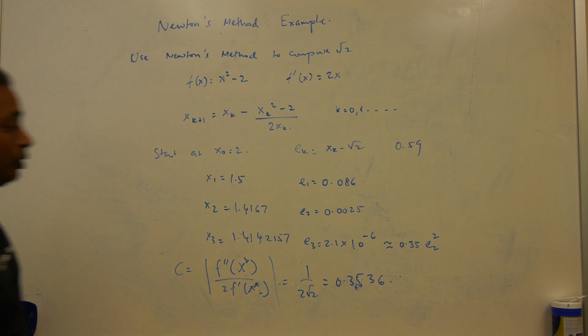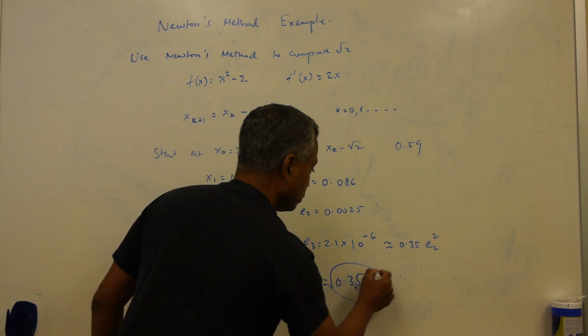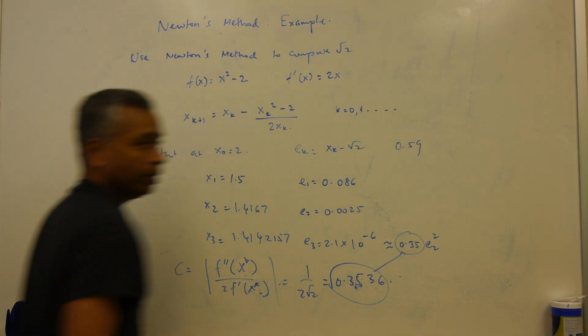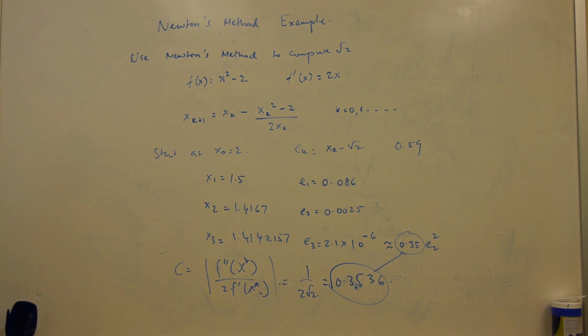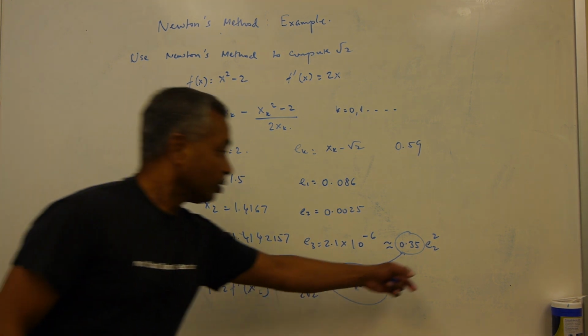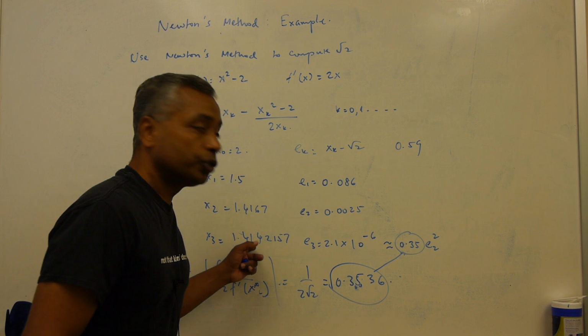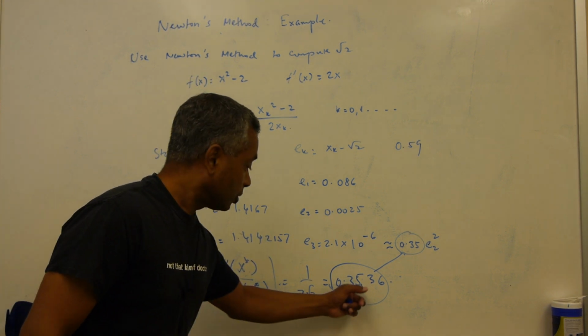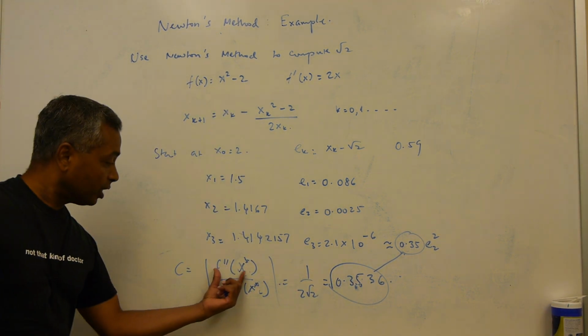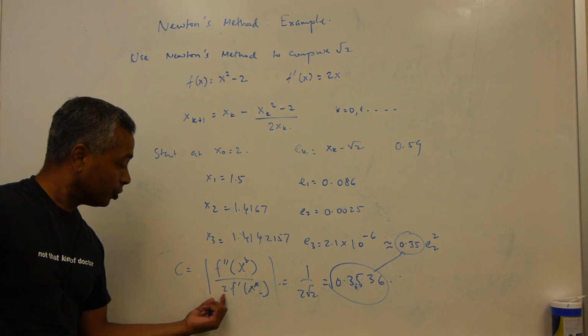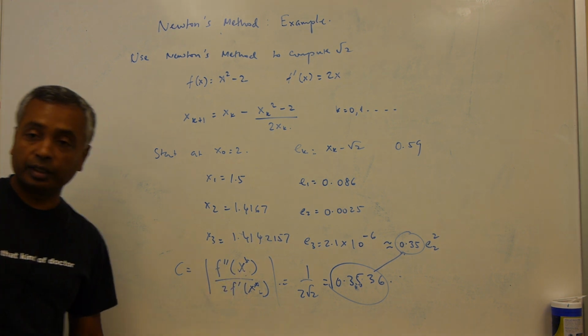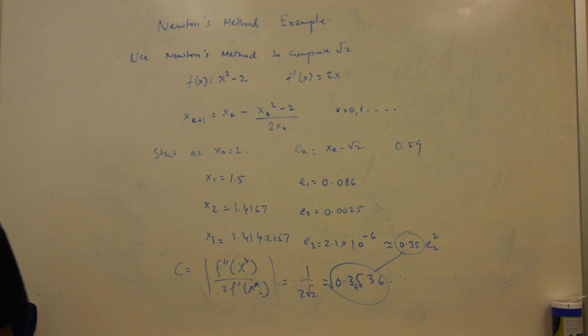Okay, and you will notice that this is very, very close to this. So you're starting to see that the convergence rate becomes very quadratic as you get close to the solution, and that the constant starts to get very close to the second derivative evaluated at the solution divided by 2 times the first derivative evaluated at the solution as well.